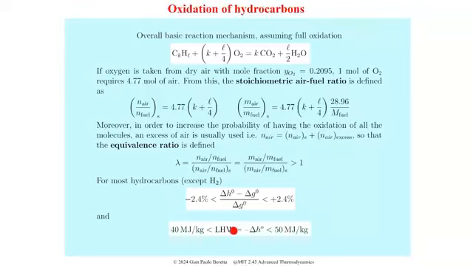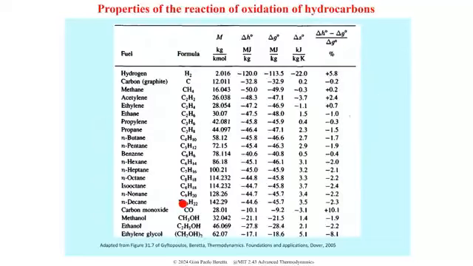We already talked about the heating values of fuels being more or less in a range, and now here is the list for the various hydrocarbons, with molecular weights that range from 2 for hydrogen to 16 for methane, 114 for isooctane, and up.